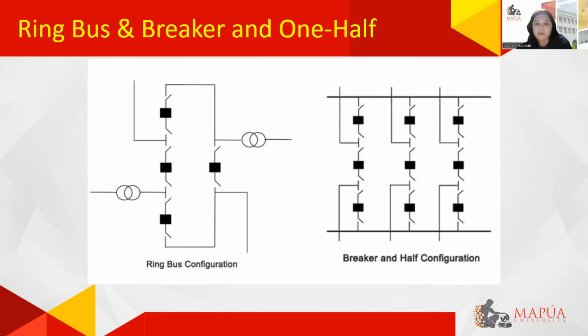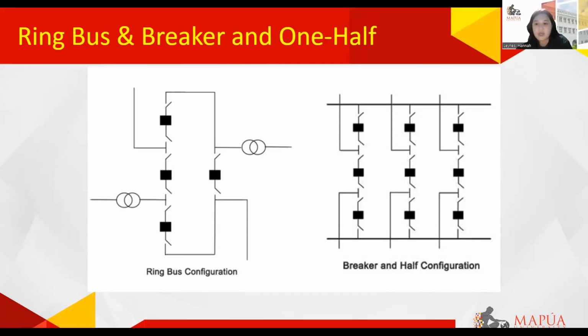Therefore, ring bus can be expanded to breaker and 1/2. If we expand the ring bus to breaker and 1/2, the cost will still be the same as the ring bus, and in addition, it is much more reliable since breaker and 1/2 has a reliability score of 2. Therefore, the group's choice for the bus scheme is ring bus expanded to breaker and 1/2.